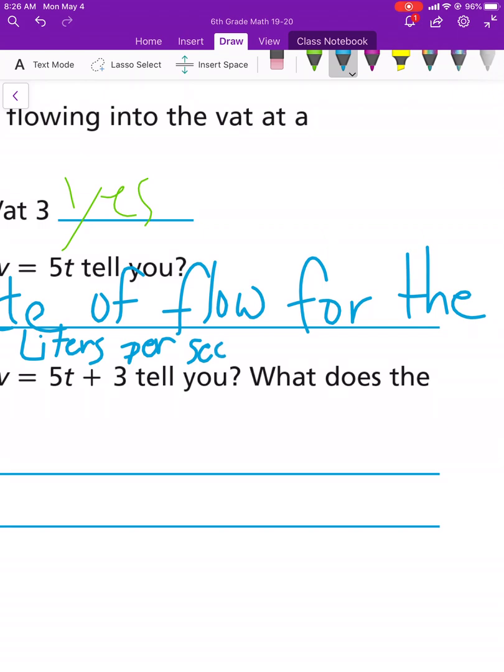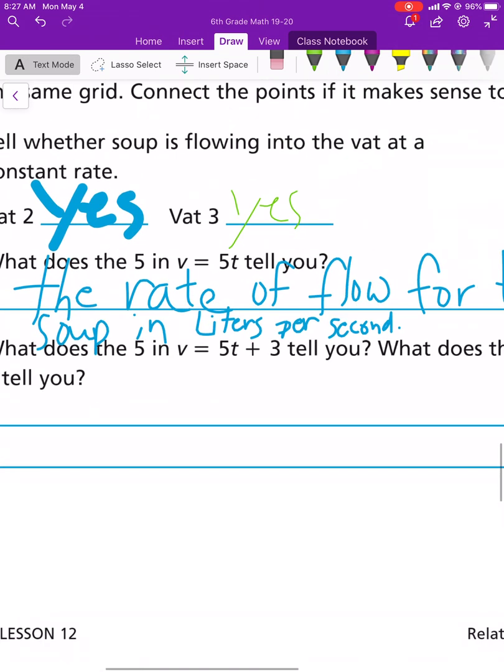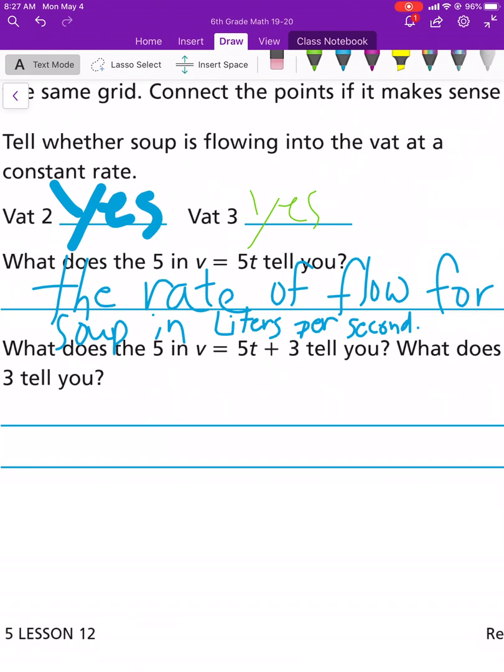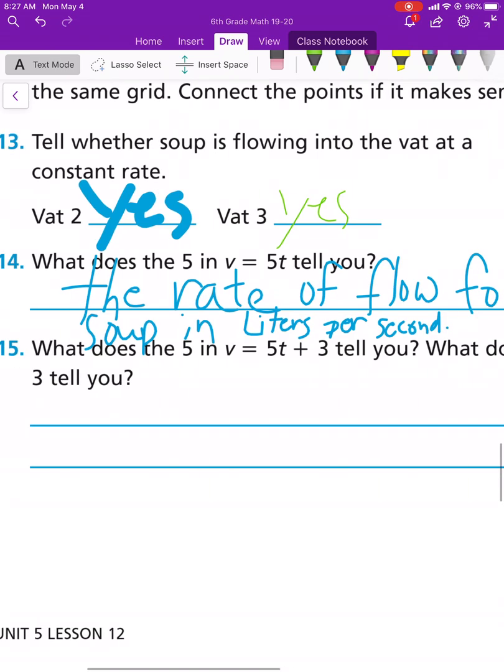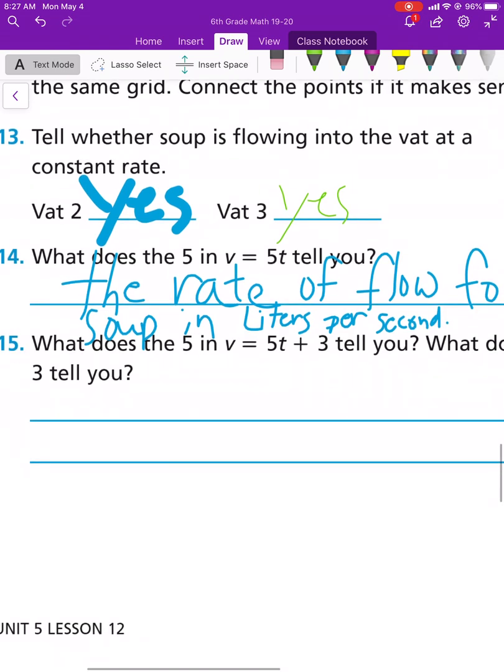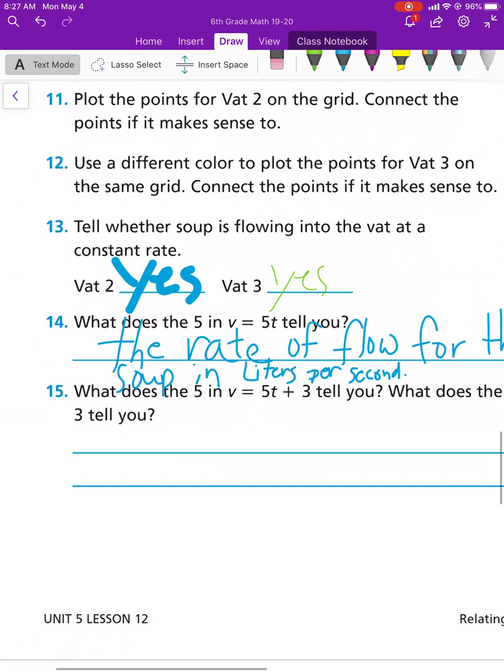Okay. So what is the 5 in V equals 5t plus 3? Well, it tells you basically the same thing, right? That 5 is the flow rate in liters per second, and 3 is the number of liters of soup in the vat at the start. So at the beginning, it already had 3, right?